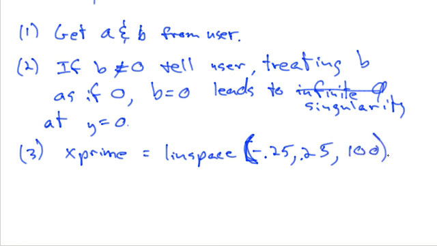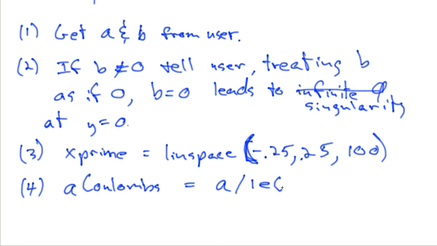Now let's see, they put A in microcoulombs. So I'm going to go A coulombs equals A divided by 1e6, to get the A that I actually have to use in my formula.